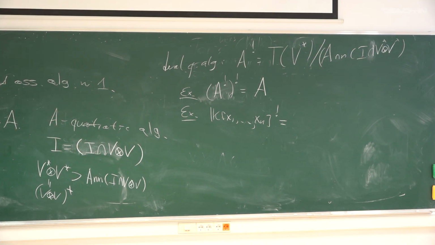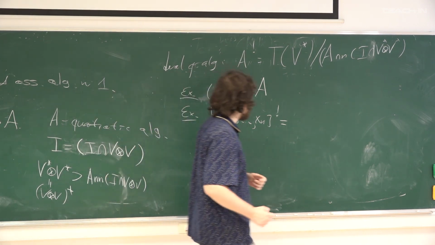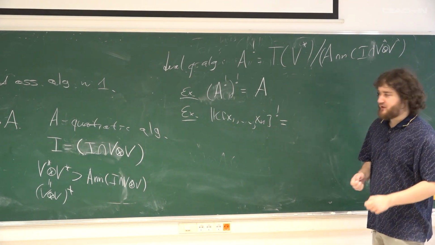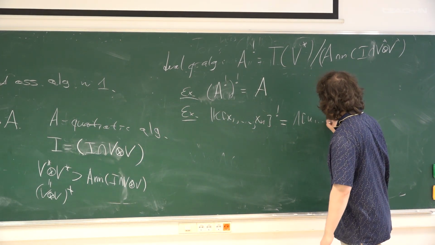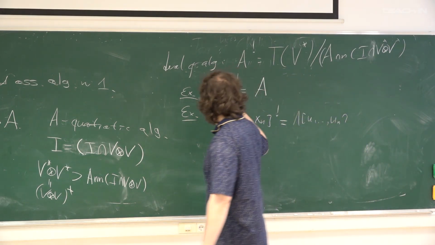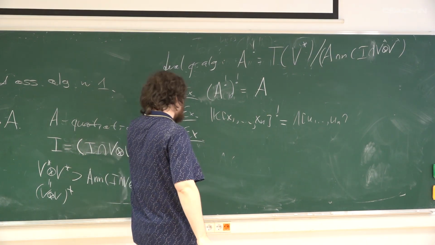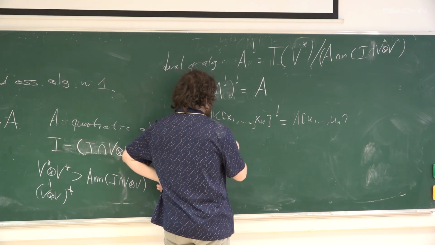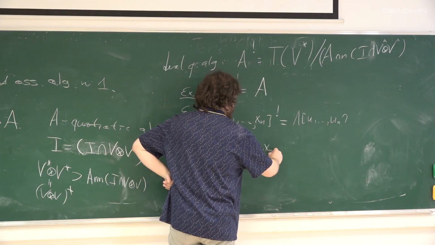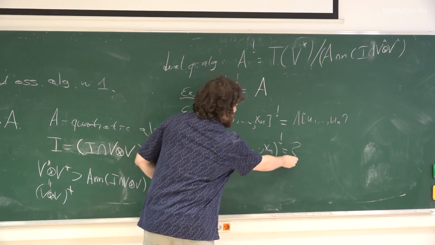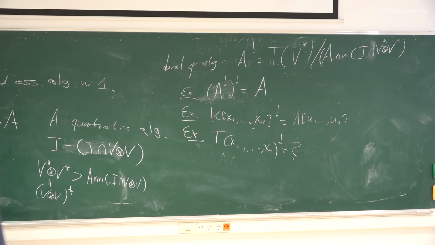Commutative algebra is a quadratic algebra. You can check that. And the dual is the exterior algebra, and vice versa. You can check what the dual of the free algebra is. It's an exercise.